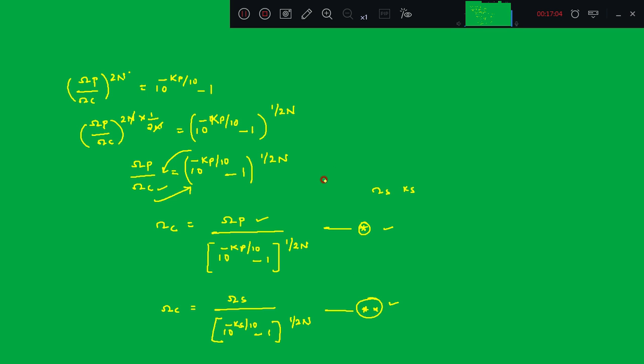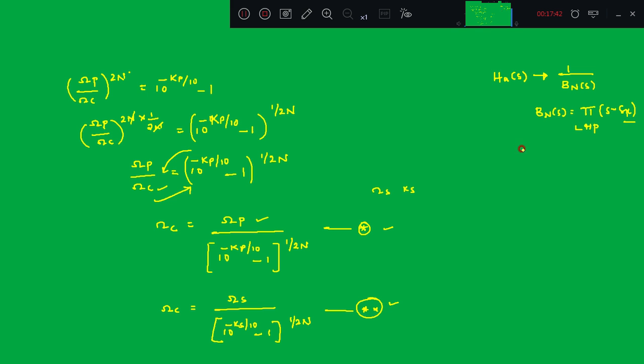So this derivation is about the design of a low pass Butterworth filter, right? Because to calculate Ha of s, we need the Butterworth polynomial, that is Bn of s. And what is this Bn of s? The Butterworth polynomial is given in terms of the poles of the left half plane, right?